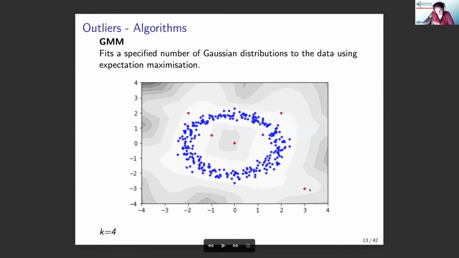The one on the outside is the most outlying. It looks like some of the ones closer to the edge, some of the more normal values, are not quite modeled correctly. Now, obviously, in 2 dimensions, it's easy to have a good guess at the number of distributions we should be using. In this case, I chose 4 because it fits the data quite nicely.